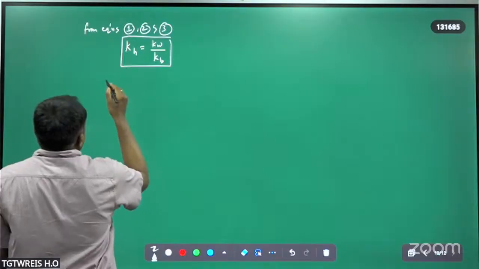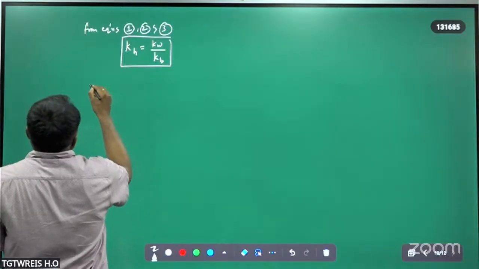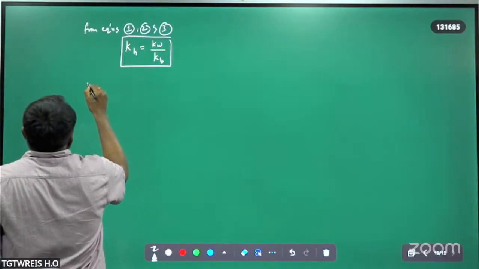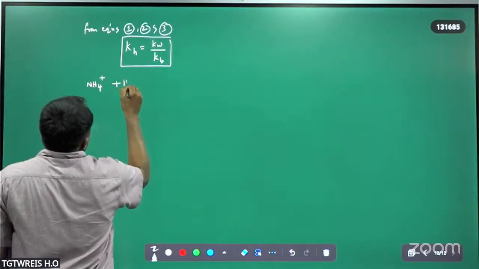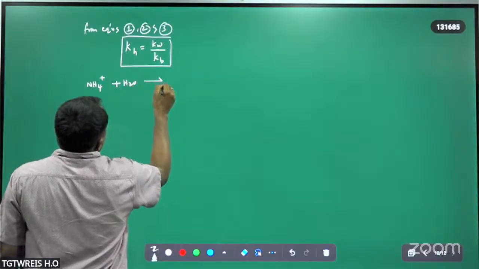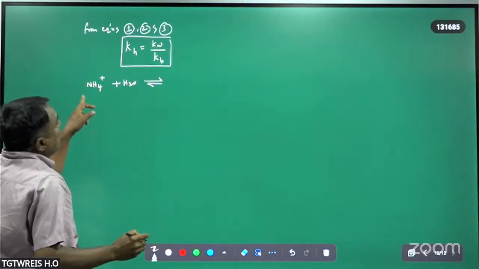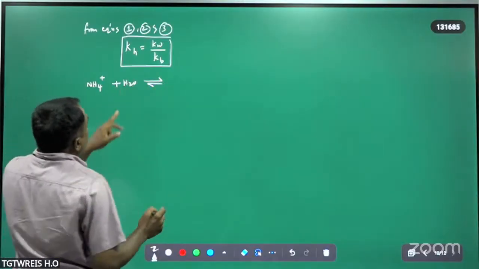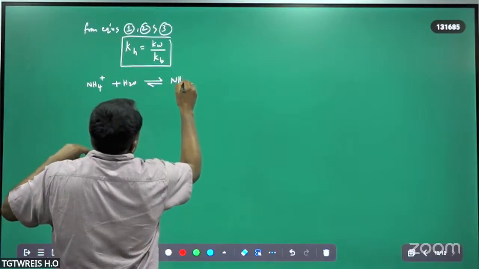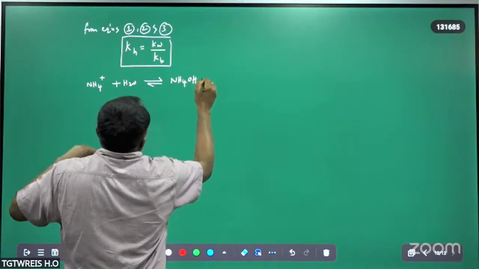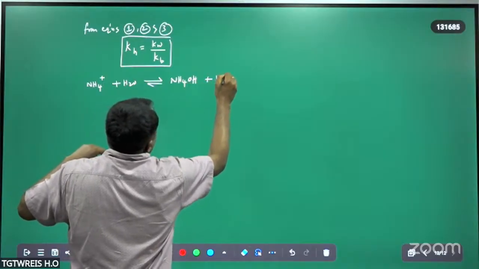And next, we already know that NH4 plus and water are in equilibrium, the cationic part of the salt is undergoing hydrolysis. That's why NH4 plus water gives NH4OH plus H plus.